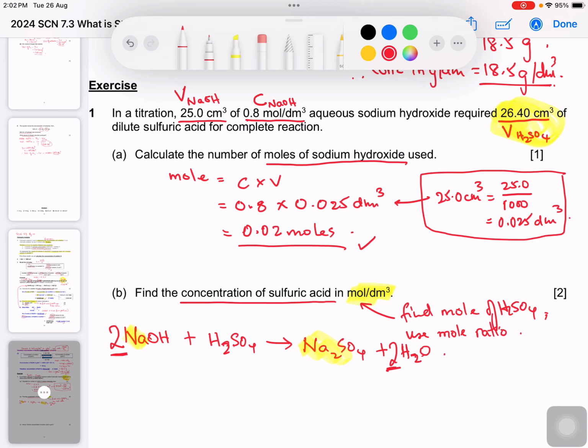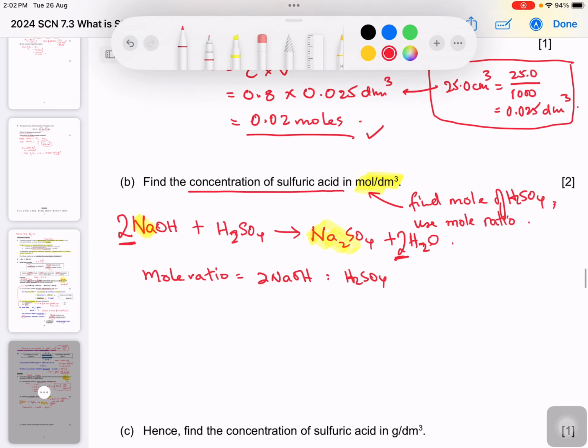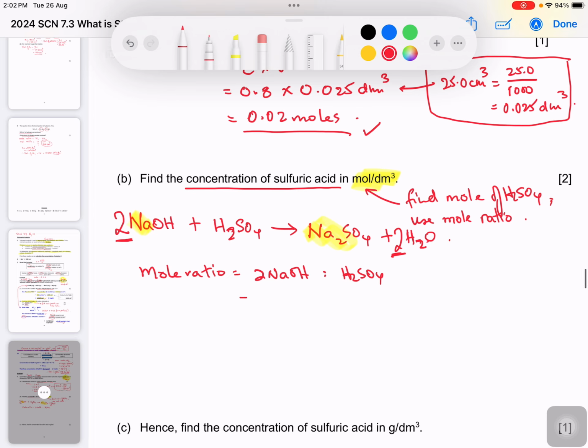Now, mole ratio. So what is the mole ratio? Between what and what? The two things we are talking about are sodium hydroxide and sulfuric acid. So 2NaOH is to 1H2SO4. 2 is to 1.